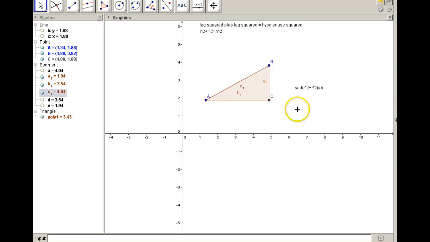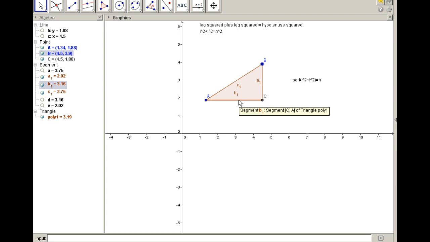So basically, this is our distance formula to get us the length here. We're going to take the square root of this leg squared plus that leg squared, whatever that leg might be. Now, how do we find the length of this leg? Well, let's go over here and look. This one is called segment B1, and its measure right now happens to be 3.16. How would we find that?